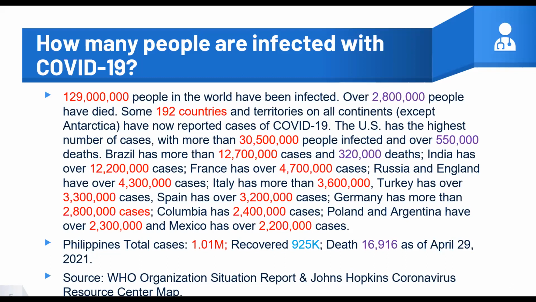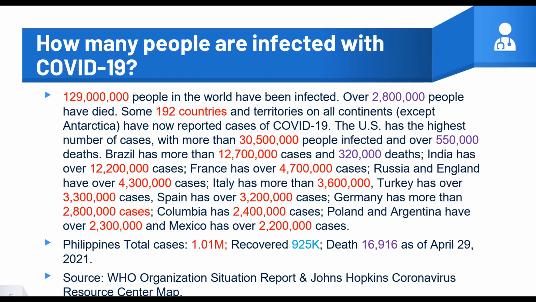The US has the highest number of cases with more than 30,500,000 people infected and over 550,000 deaths. Wow. Brazil has more than 12,700,000 cases and 320,000 deaths. India has over 12,200,000 cases. France has over 4,700,000 cases.